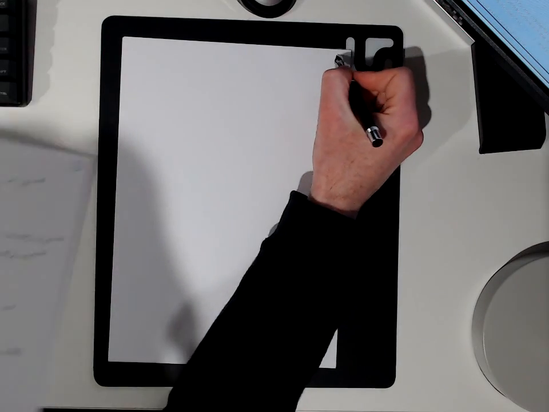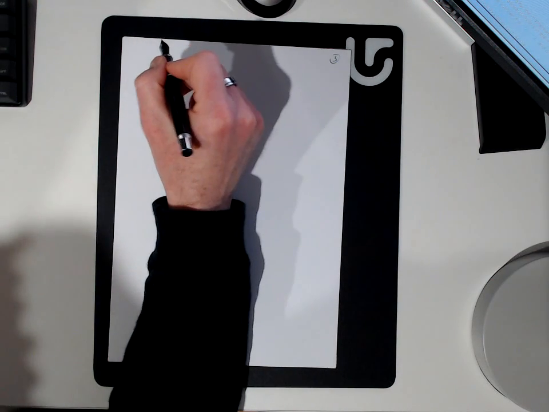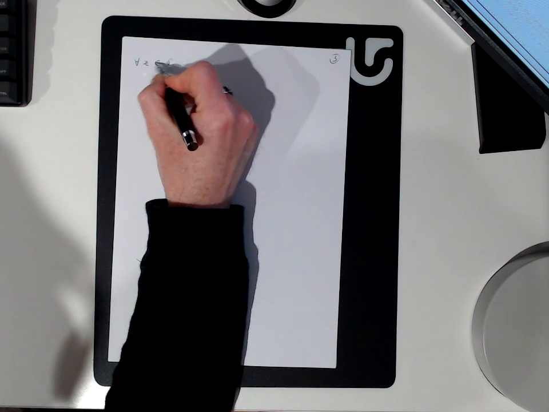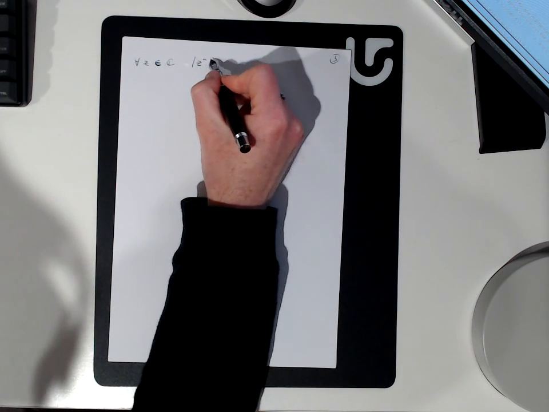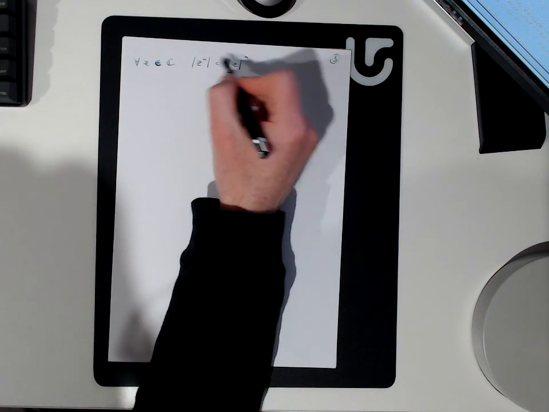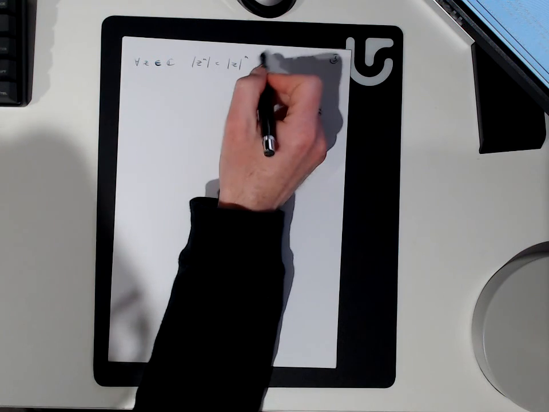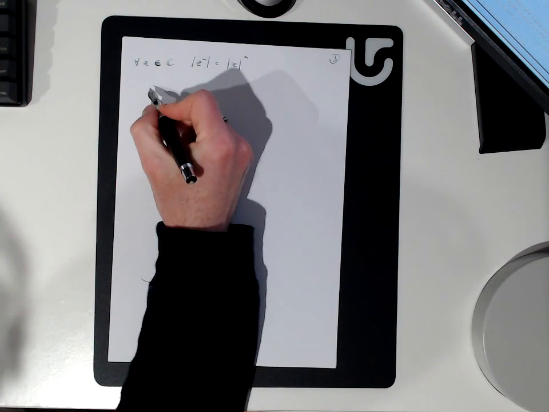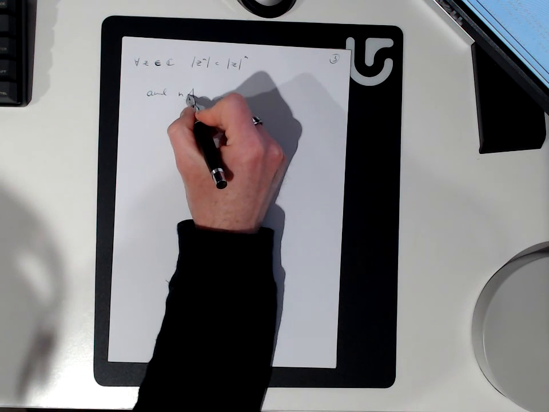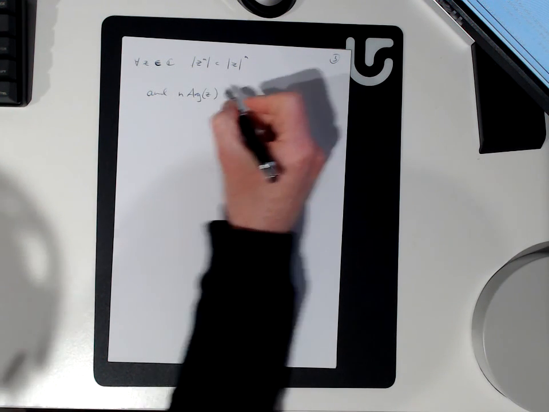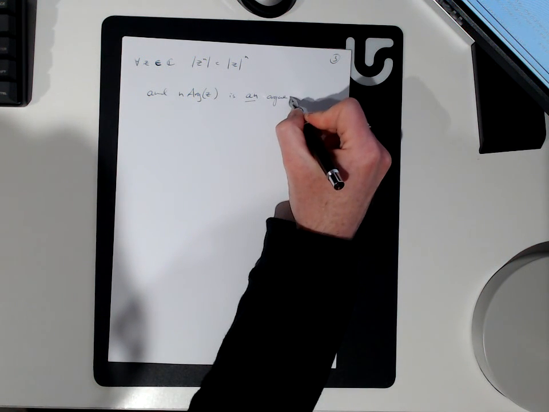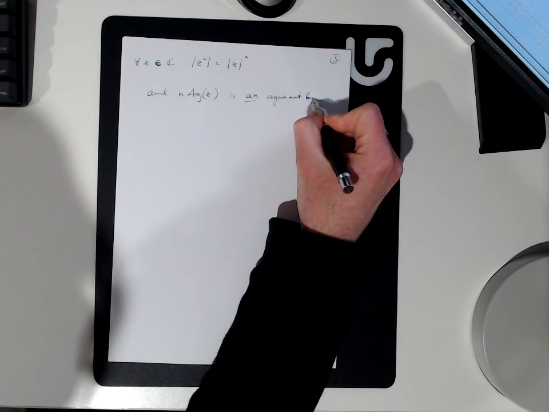Now, from that, hopefully you saw that for all z an element of C, the modulus of z to the n is equal to the modulus of z to the n, and that n times the argument of z is an argument for z to the n.